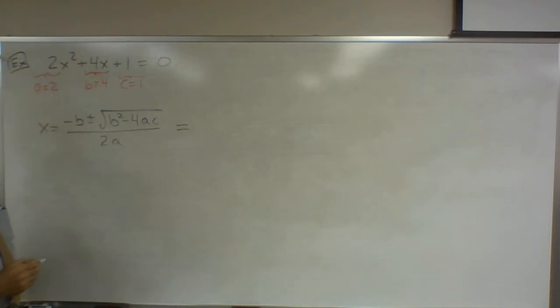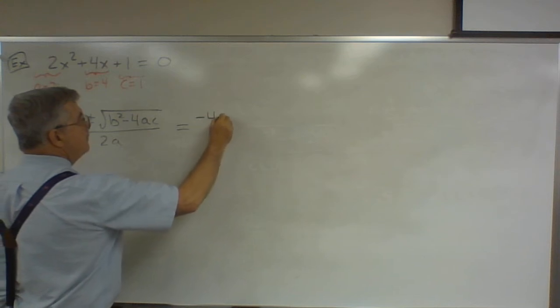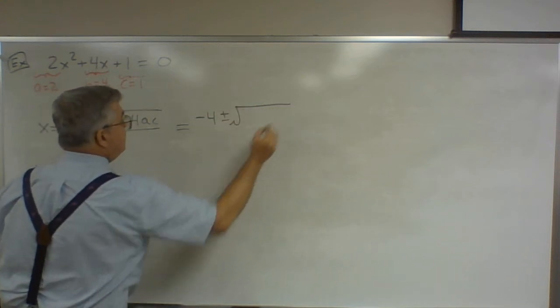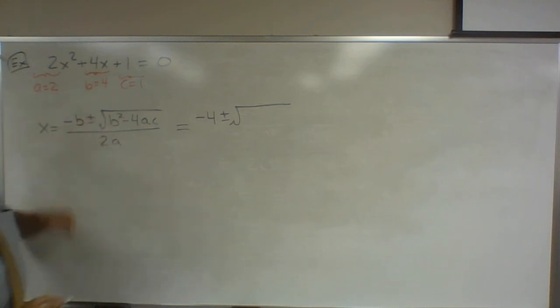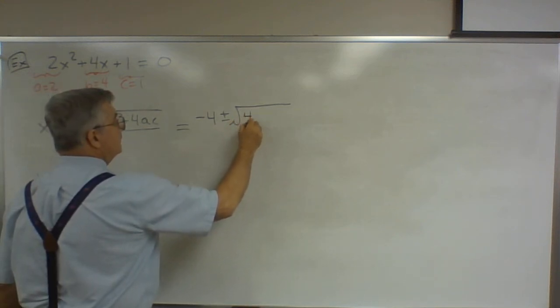So let's plug these things in and see what happens. Negative b, b is 4, so this is negative 4, plus or minus the square root of b squared, so that's 4 squared.